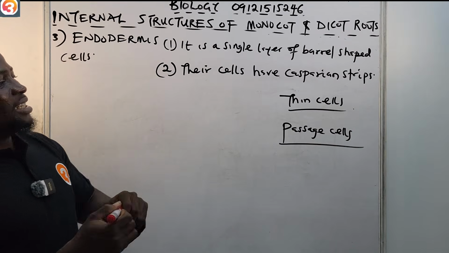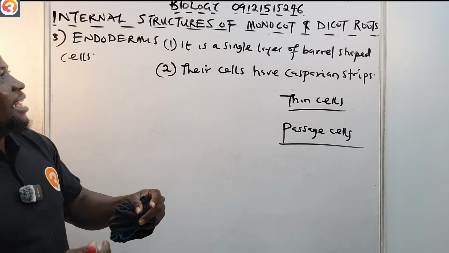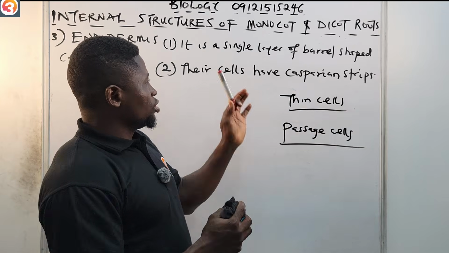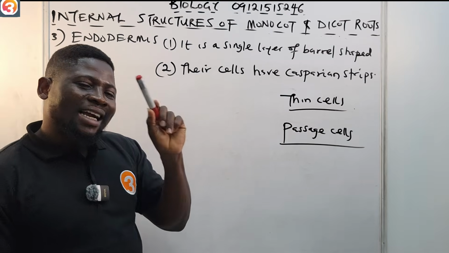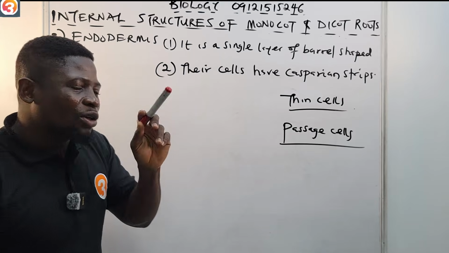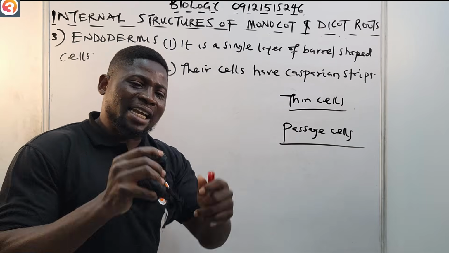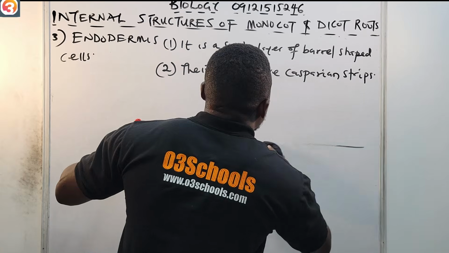And what do these passage cells help them to do? It helps in the conduction of water. So some of their cells have Casparian strips, but some do not have Casparian strips, and those that do not are called passage cells. Those passage cells help in the conduction of water.